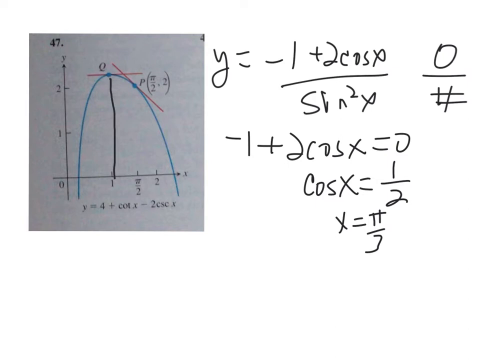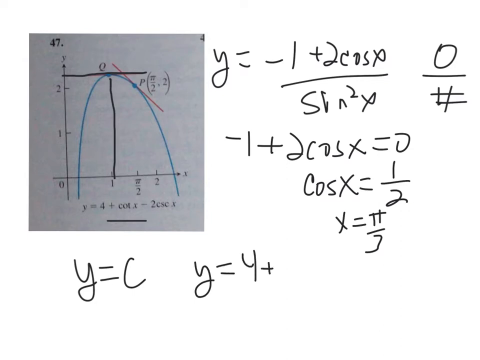Okay, so now, since that's where the slope is 0, I need to find, remember, all horizontal lines are y equals a constant. So I've got to find out what y is. I see it's better than 2. So all I've got to do is take that x value and substitute it into here. So y equals 4 plus the cotangent of, actually, let's do it this way.